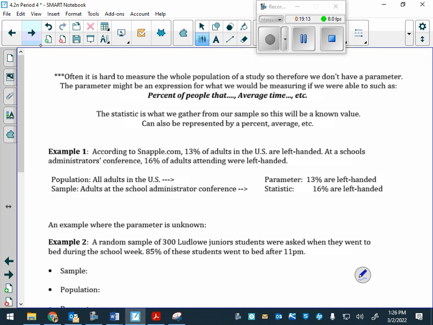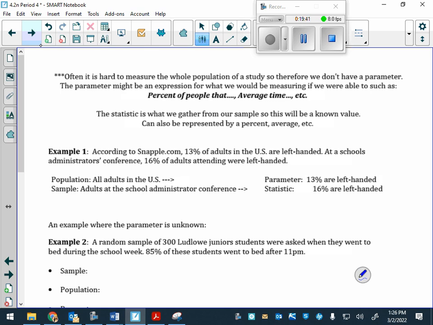So percent of people, average time, it's going to be the same wording and or specific value for the statistic. So if the parameter says average time, my statistic is going to be the actual average time. If it says percent of, the statistic will be a percentage of something that you're measuring. Does that make sense? So it's not that difficult. It's just keeping the words consistent.